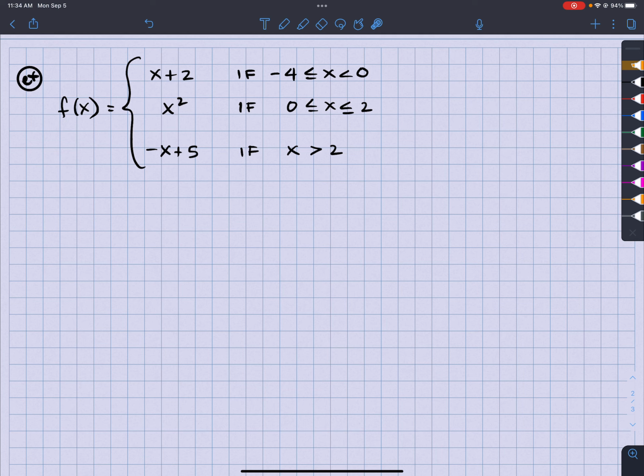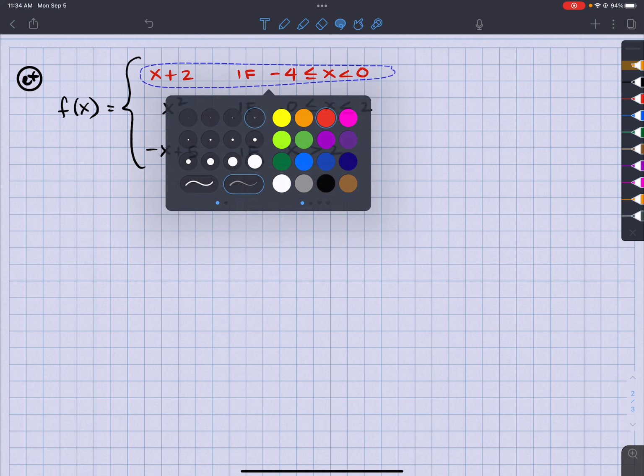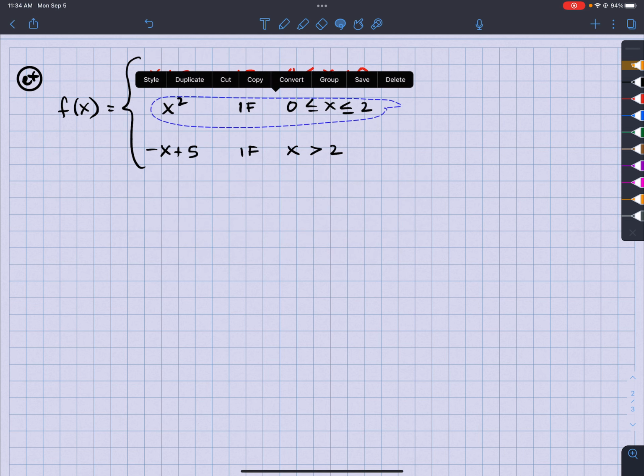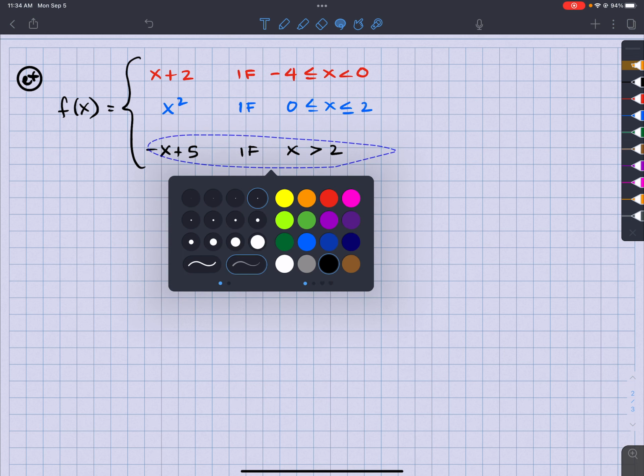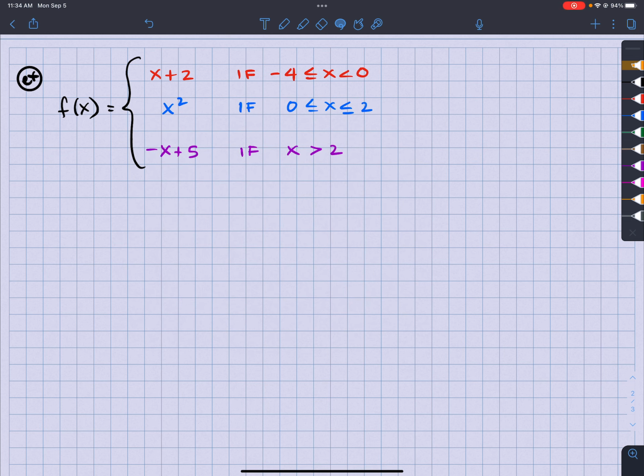Well, to graph it, again, I'm going to take that, make it red, take this one, make it blue, and take this one, and let's make it purple. Okay, there we go. All right, so let's go ahead and graph it. Now, this is only going from -4 to 0, but not including 0.